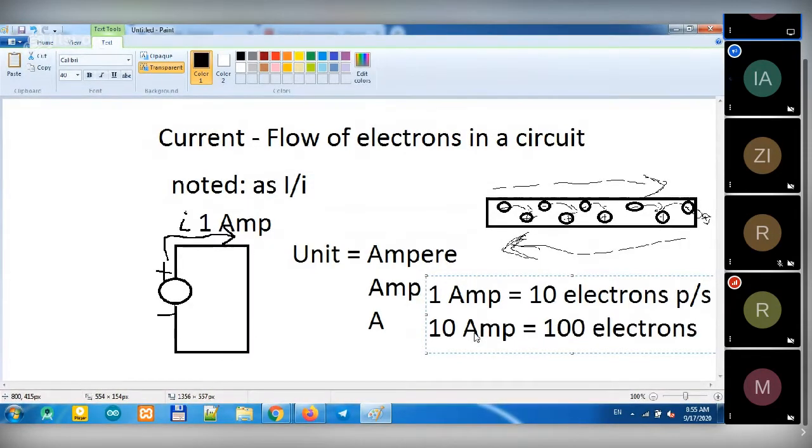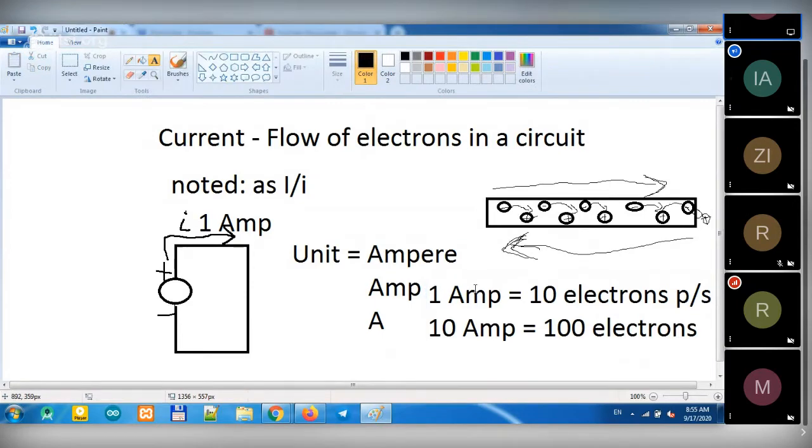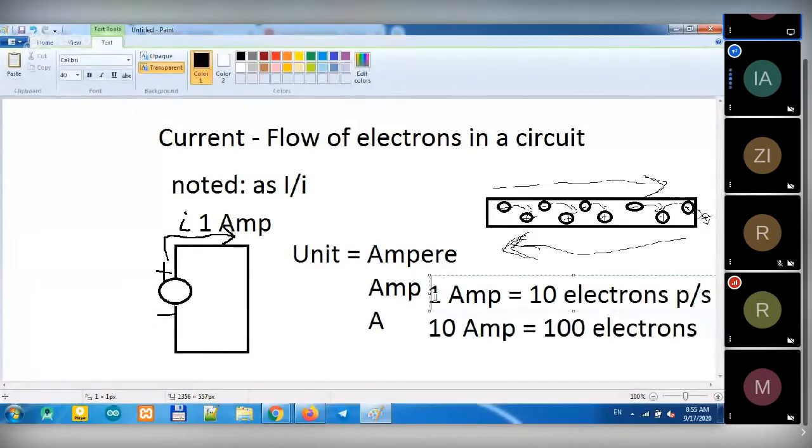That's an important thing, because we have to differentiate what is voltage and current. If amp is getting higher, like 1 amp means there's 10 electrons moving. It's not the exact number, right? But I'm just giving you an example. You're going to check by yourself how many electrons move in 1 amp.